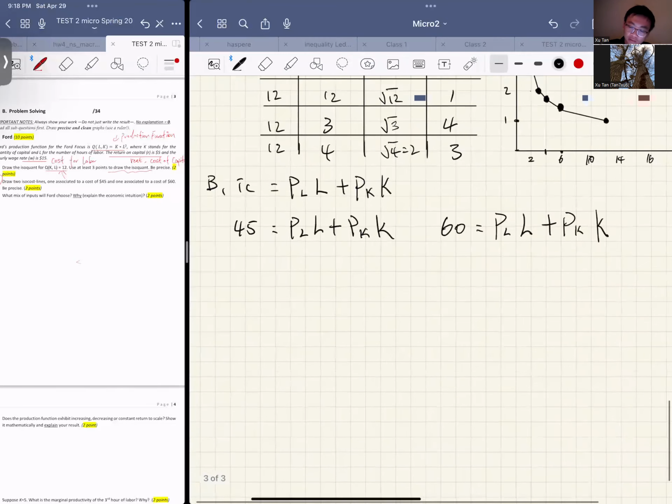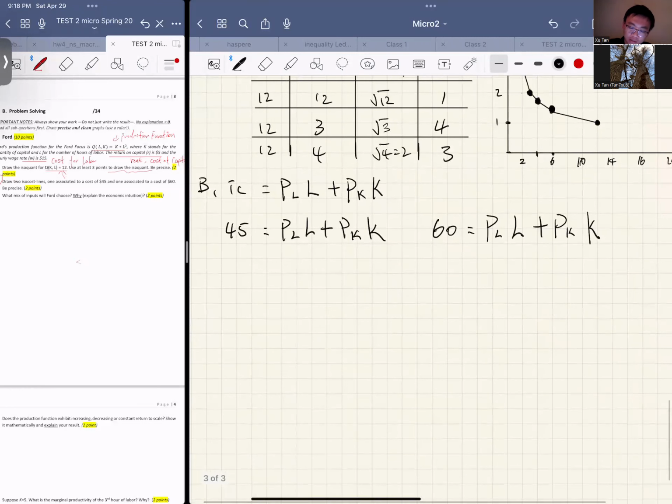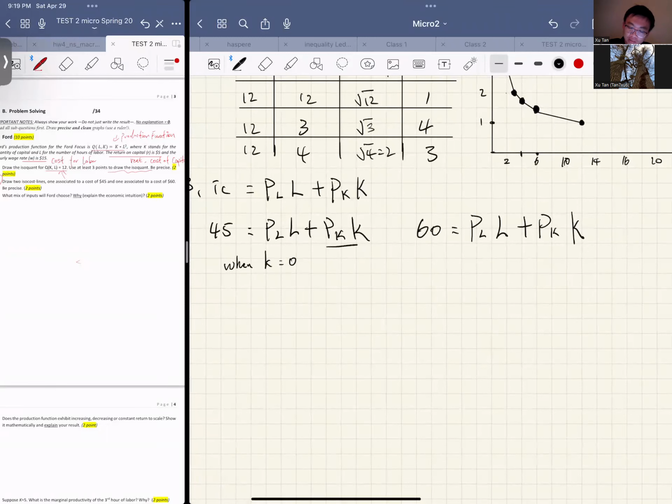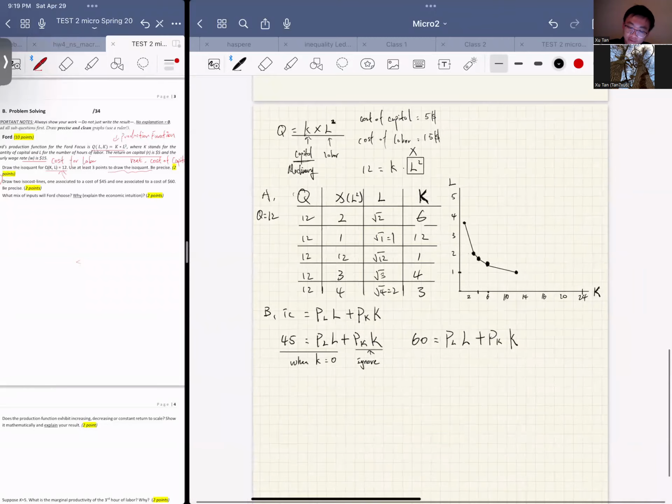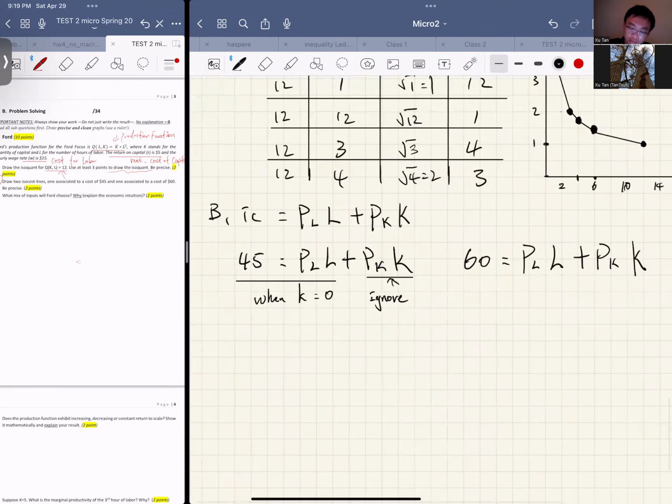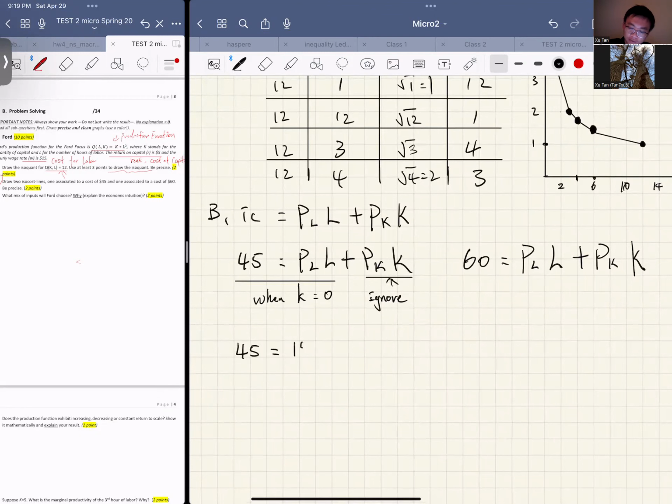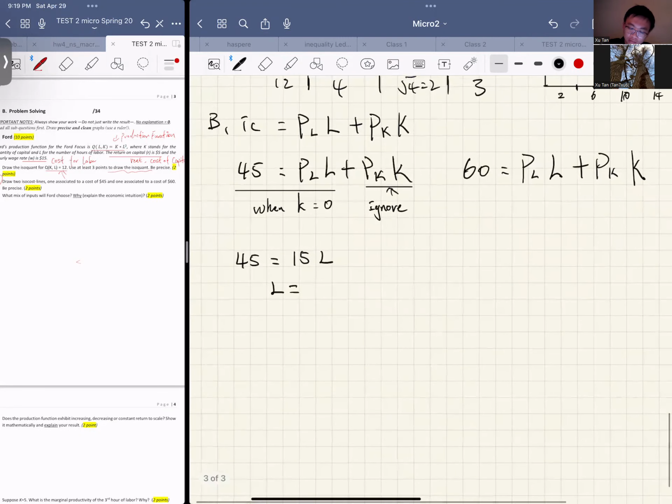So with an isocost line, we're always trying to find 2 points, right? One point is K equals 0. So when K is 0, this term we ignore. We know price of labor is 15, so 45 equals 15L, and L equals 3.